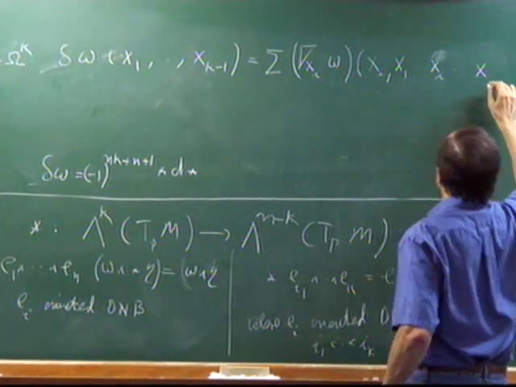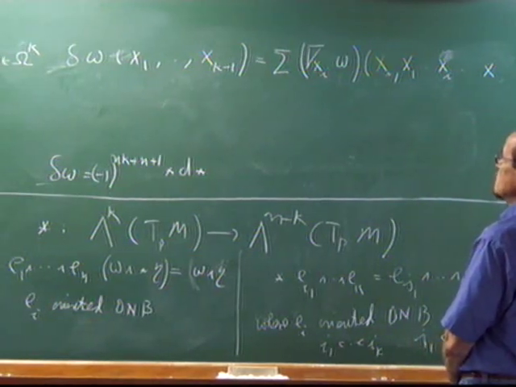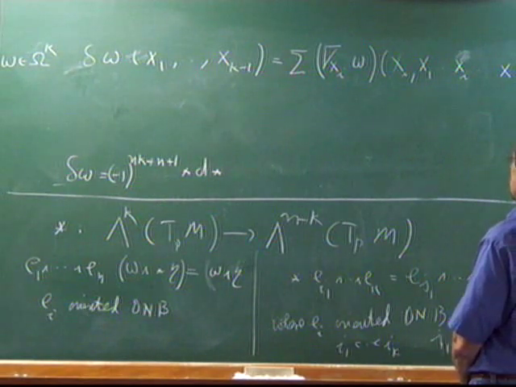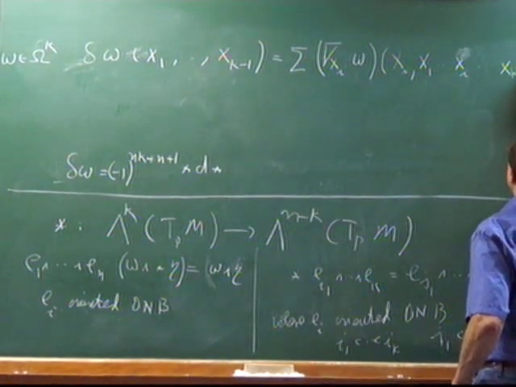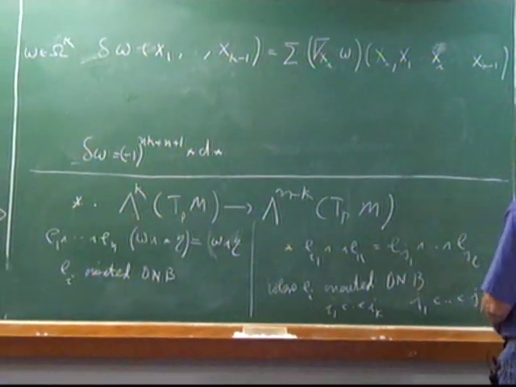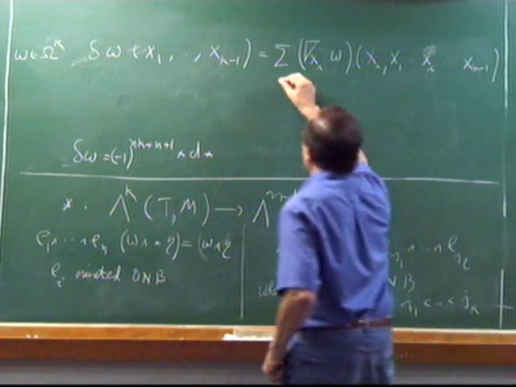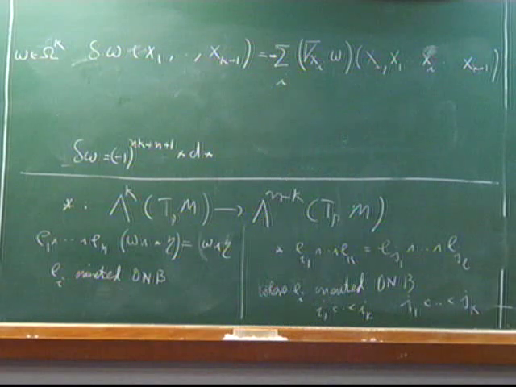See, that makes sense? Omega is a K-form, so I have to apply it to K vectors. So I do this. And then there's a sum over i, and I think there's a sign. Okay, something like this. There's a formula also relating nabla omega to the dual, to the delta operator.